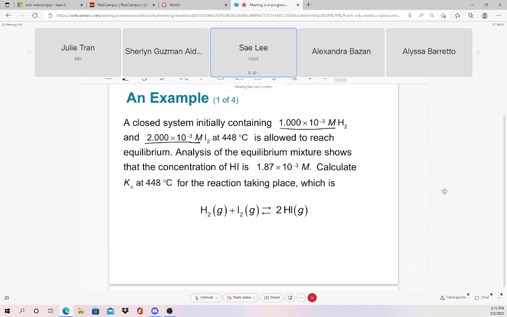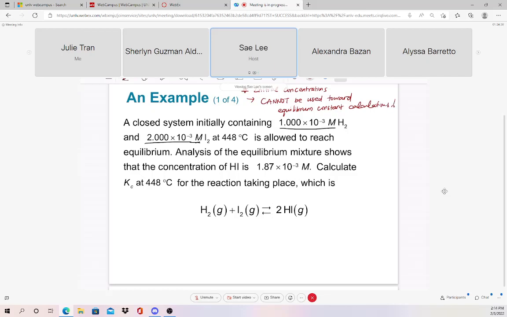As you know, initial concentrations cannot be used toward equilibrium constant calculations.